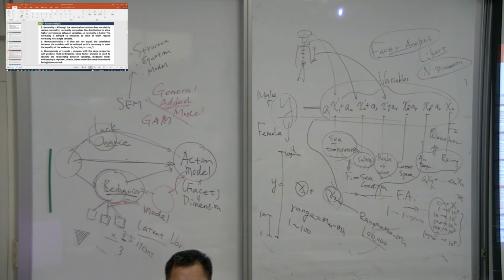Okay. Second, normality. Although the canonical correlation does not strictly require normal distribution, normality allows higher correlation between variables. So normality is better, and non-normality is difficult to interpret. So most of them require normality for a single variable.